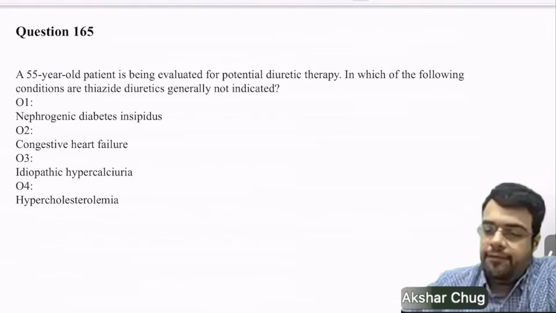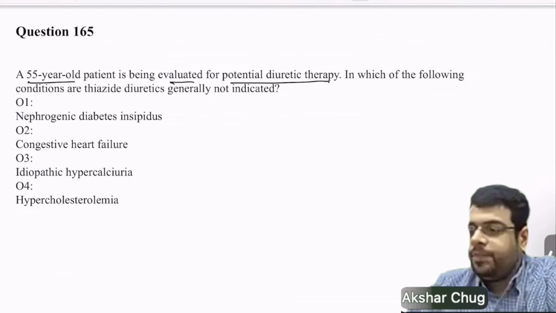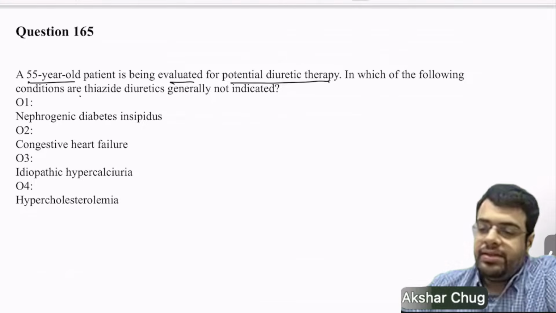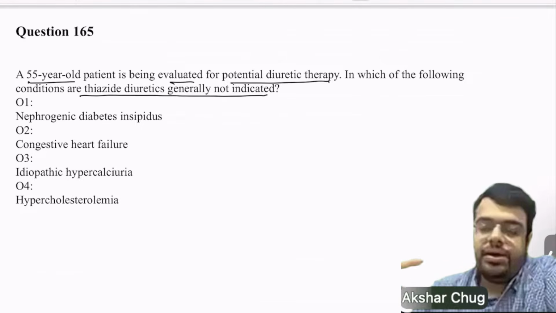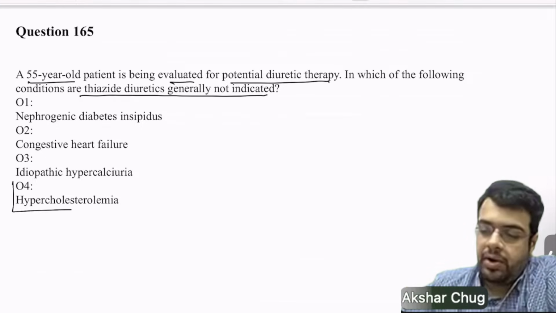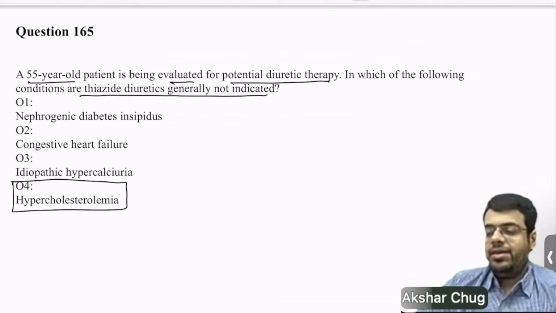165, a 55-year-old patient evaluated for potential diuretic therapy. In which of the following conditions are thiazide diuretics generally not indicated? As we had discussed in an earlier question in the first section, hypercholesterolemia is a condition in which you do not give thiazide, as thiazide in itself will cause hypercholesterolemia.